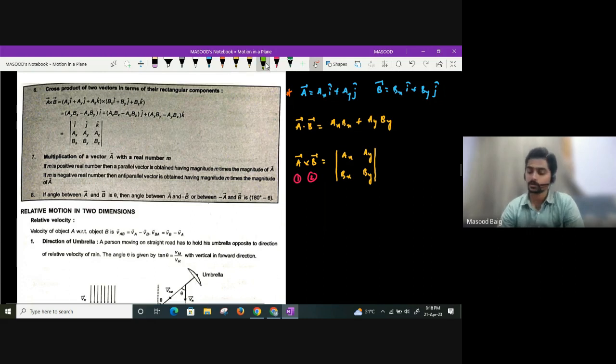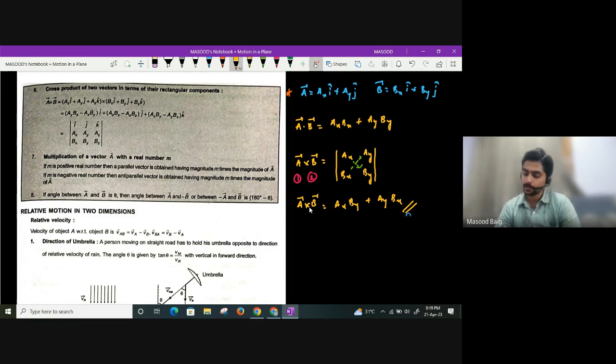We just play crisscross, so we get ax by minus ay bx. I'm not saying it is the cross product, it is the magnitude of the cross product, guys. The magnitude of cross product is found using determinants, whereas dot product you can directly do as ax bx plus ay by plus az bz and other components. However, cross product should be done in this manner. I hope you understood. Yes or no?